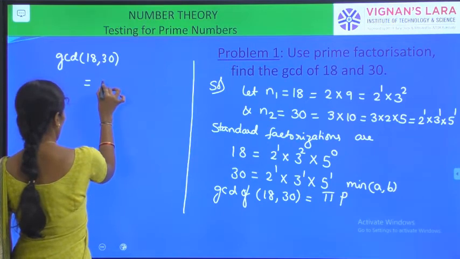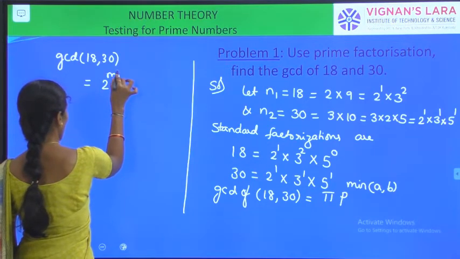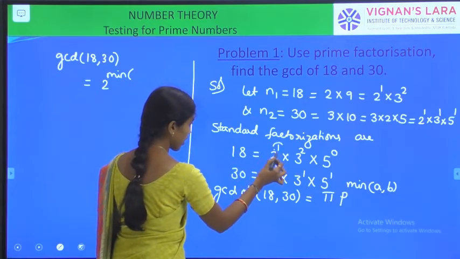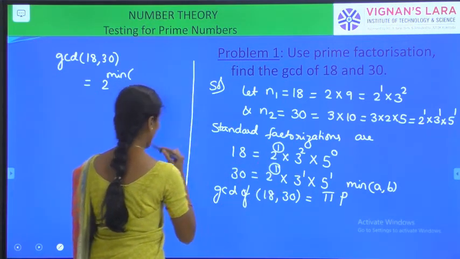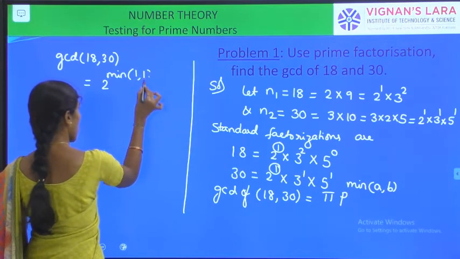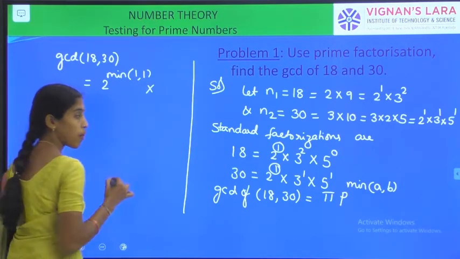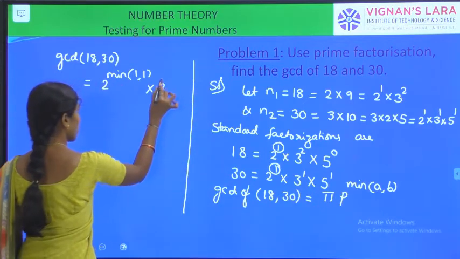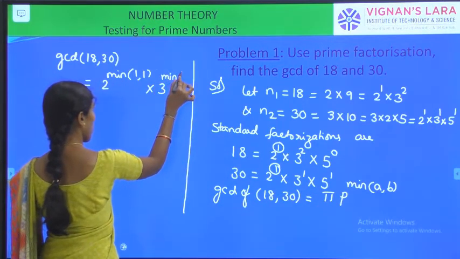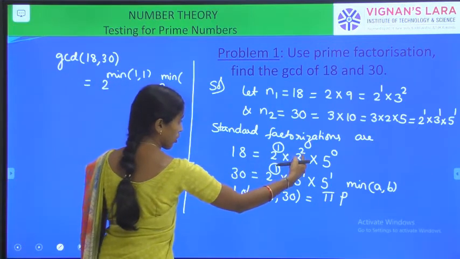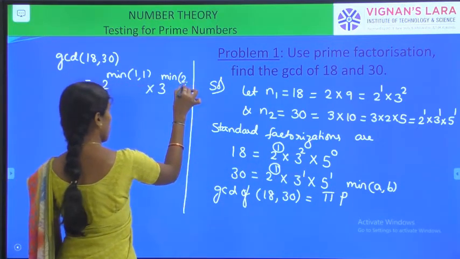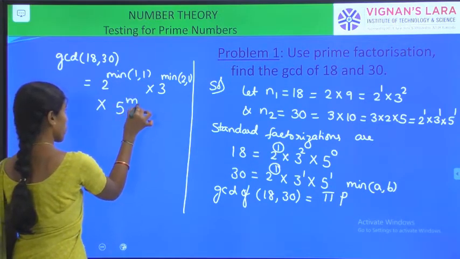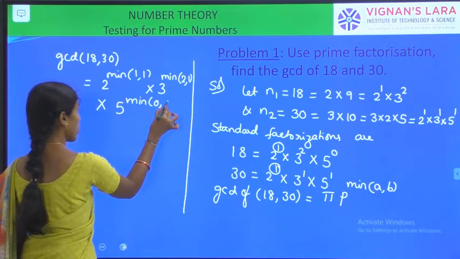So 2 to the power minimum of, in the factorization of 18 the power is 1, and here also 1. So minimum of 1 comma 1, because the formula consists of a product of prime powers. Next, 3 to the power minimum of 1 comma 2, otherwise 2 comma 1, and 5 to the power minimum of 0 comma 1.